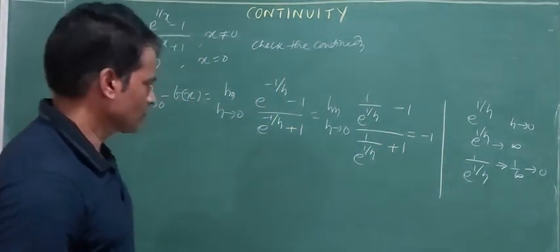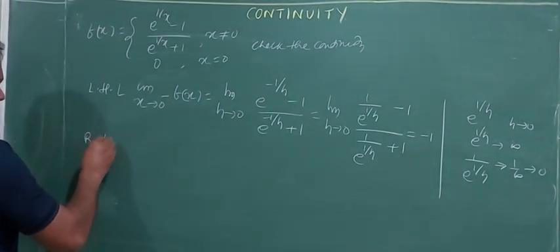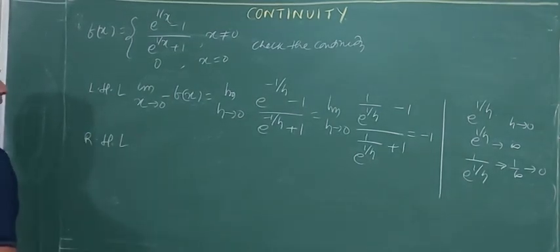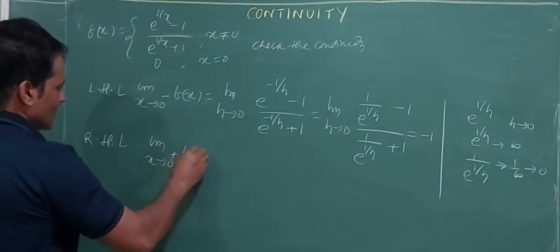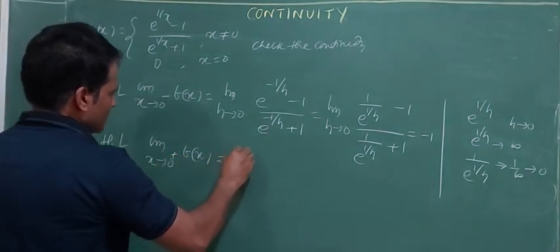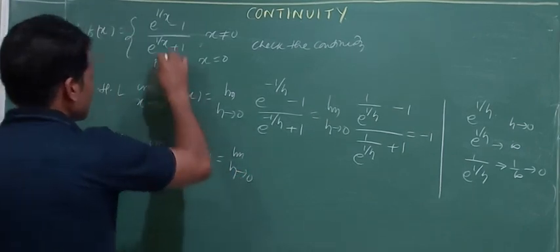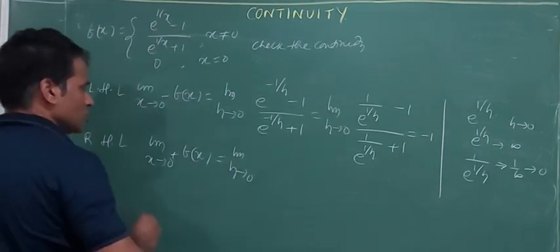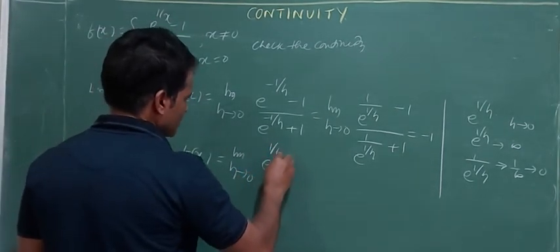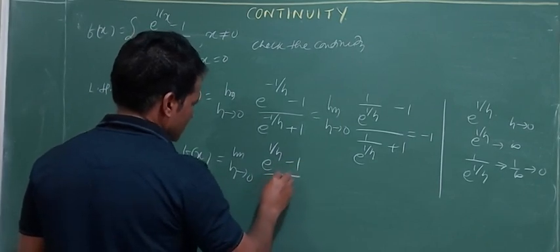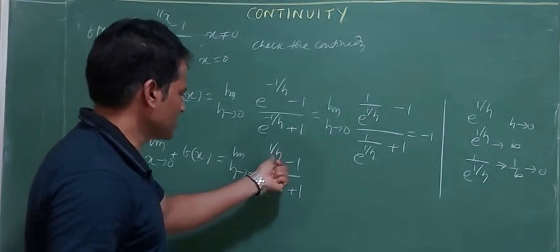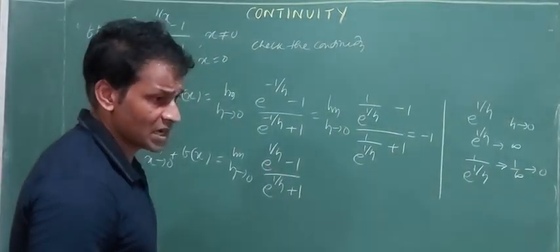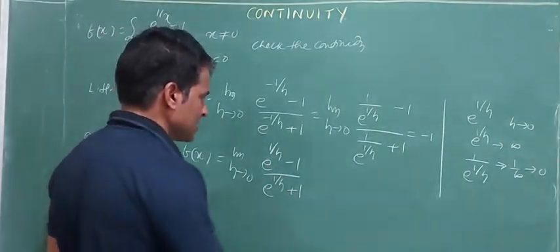Fine? RHL. Limit x tends to 0 plus f(x). Here I will substitute the value 0 plus h. Now if I replace h tends to 0, this gives me infinity. What I told, when I get infinity, I will divide by e to the power 1 by h.